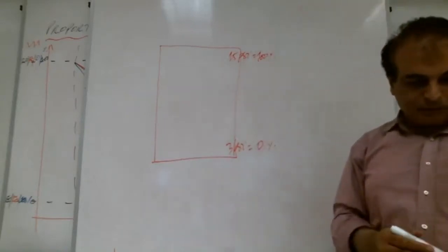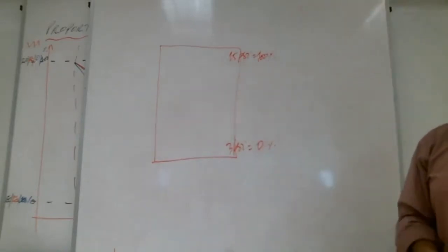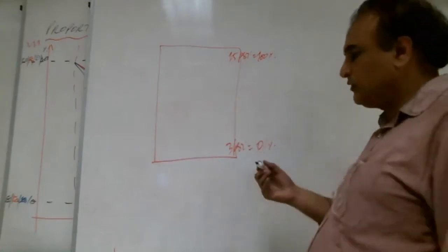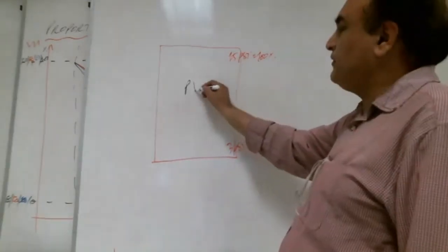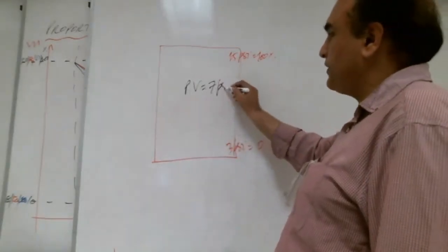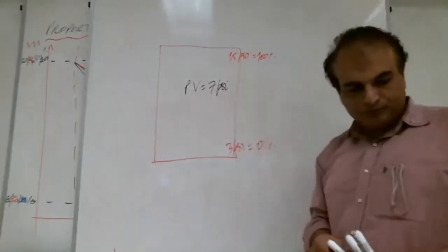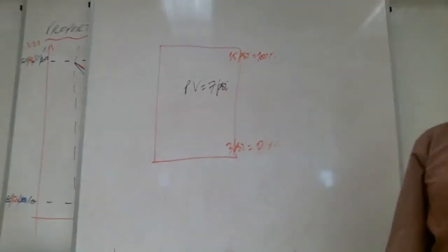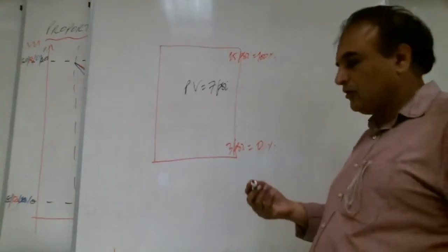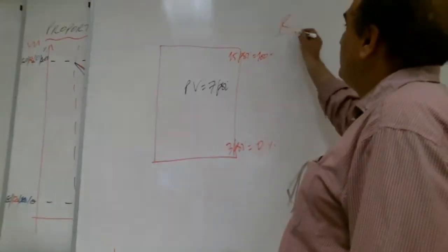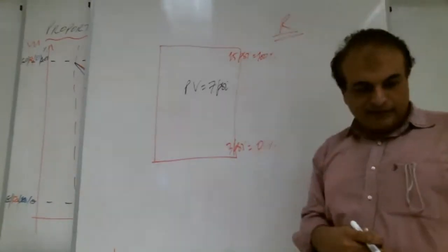The PV, the process variable, is 7 psi right now. The set point is 50%. The control action is reverse.